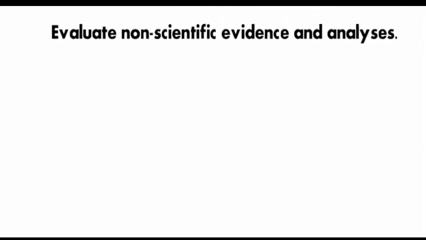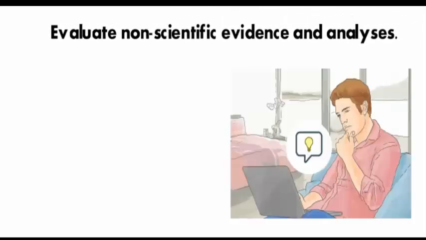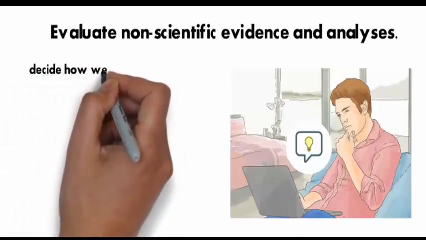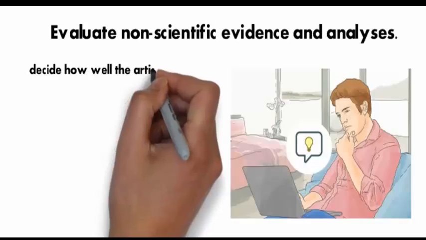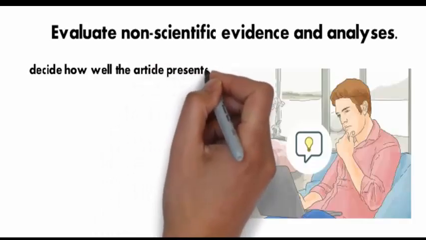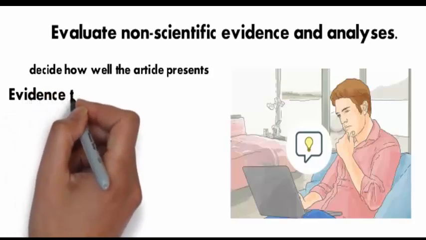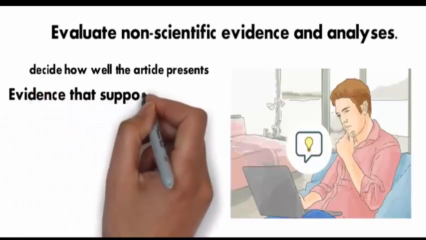Evaluate non-scientific evidence and analyses. For non-scientific articles, decide how well the article presents the evidence that supports its argument. Is the evidence relevant, and does the article convincingly analyze and interpret the evidence?